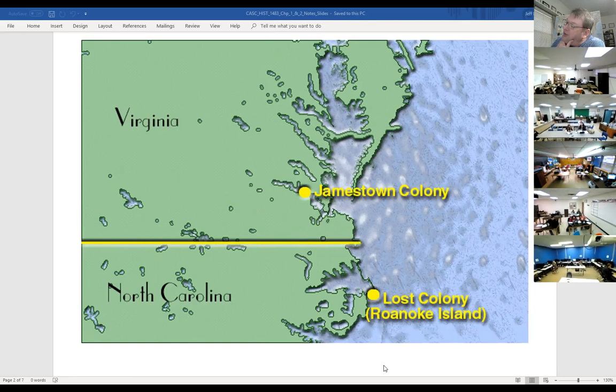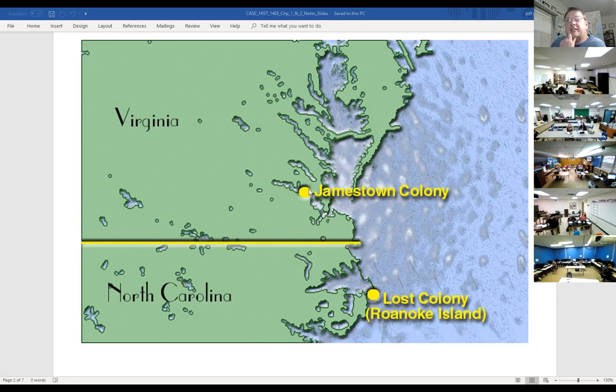Anyway, so it was founded in 1607 with about 100 men and boys. Similar to the first colony here, except it was all men.